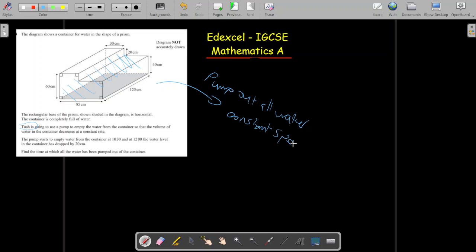What is the meaning of constant speed? It means that if 1 liter went out of the container in 1 second, it's always the same. You got the idea. So it's a constant speed of decrease of water.